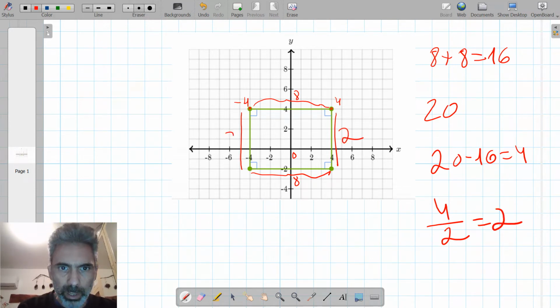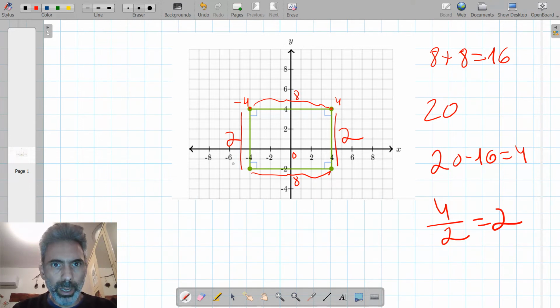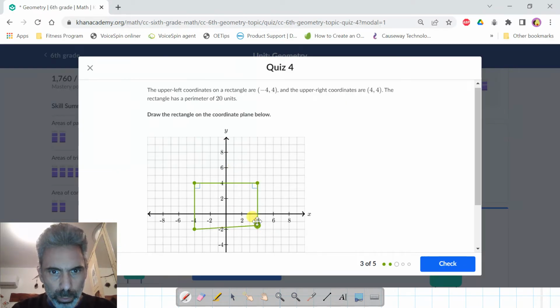So each side should be with a length of 2, which means I need to drag the point to a distance of 2 from the upper points. So the bottom right corner has a distance of 2 from the upper right point, and the left side has a distance of 2 between the bottom left corner and the upper left corner.